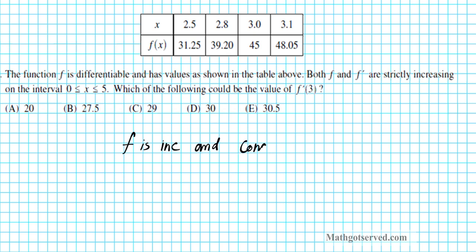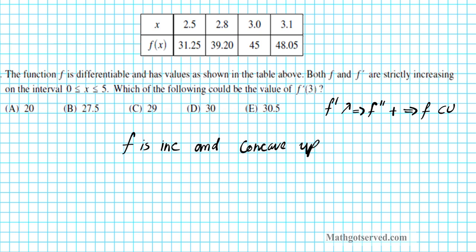It's concave up because the second derivative is positive, a consequence of the first derivative increasing. So f prime increasing implies that f double prime is positive, which implies that f is concave up. That's the whole idea there.